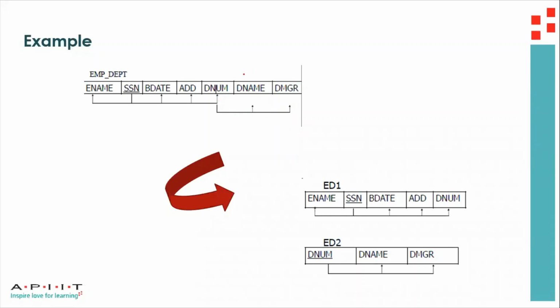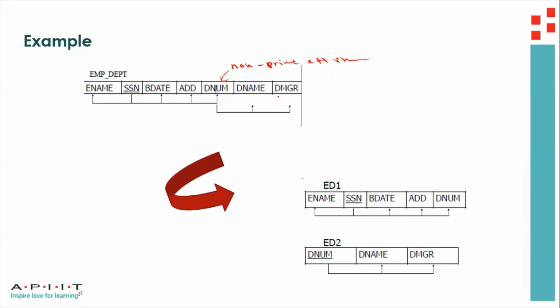Now, department number is not related to the primary key. It is not a prime attribute. You can see here we have only one prime attribute, which is the SSN. So department number is also a non-prime attribute. The department manager and the department name are also non-prime attributes.